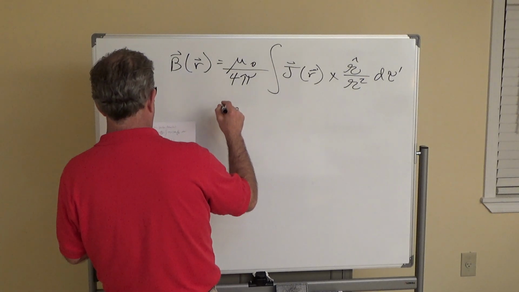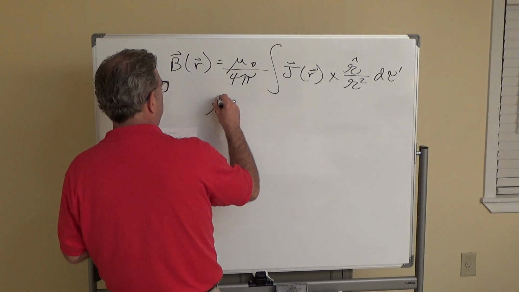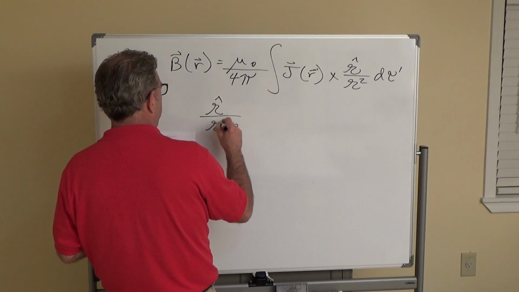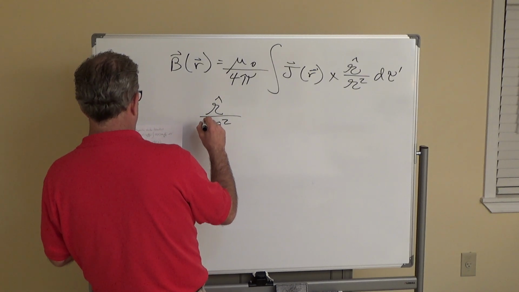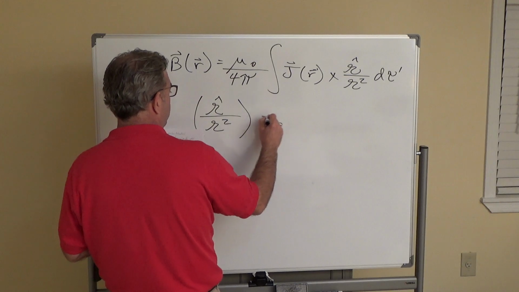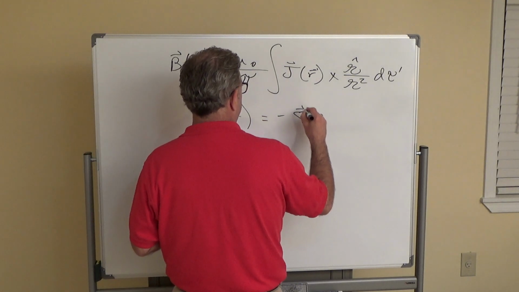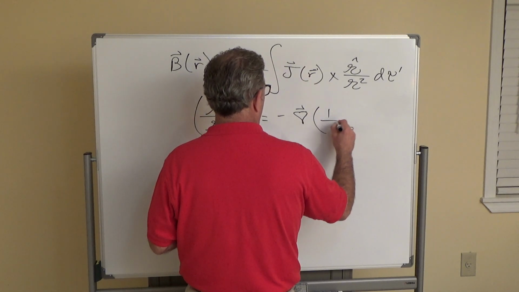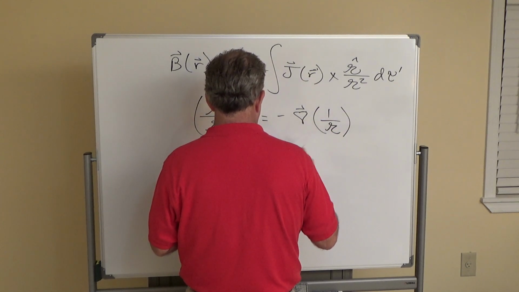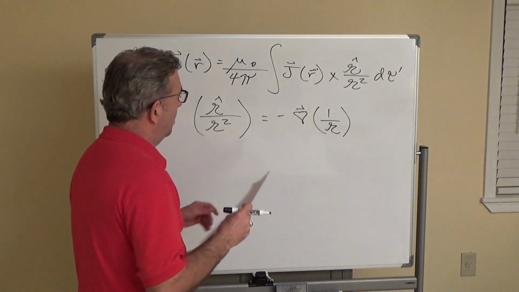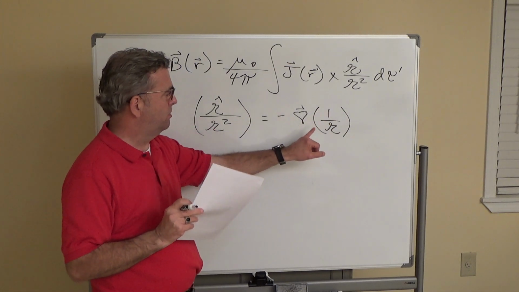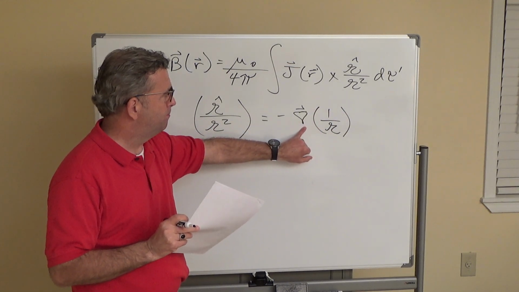This term, script r hat over script r squared, we can write as the negative of the gradient of 1 over script r. So I'm going to replace this with this gradient.